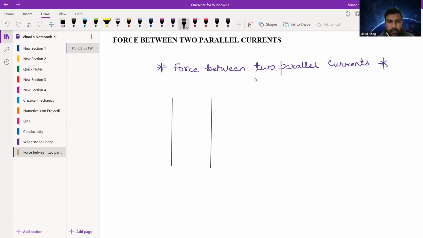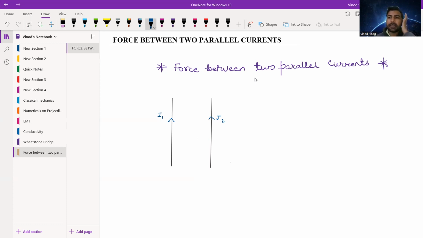They are parallel to each other, and let's say the current I1 is flowing in the first conductor wire, and current I2 is flowing in the second conductor wire.